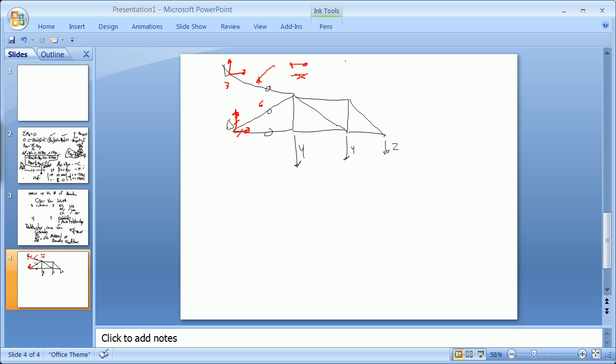So you know that 3 times the reaction at A and the X equals, let's see how that works. So we have basically, that's 3 to 6 basically. So you know your reaction in the x is going to be 6 times reaction at A and the y.